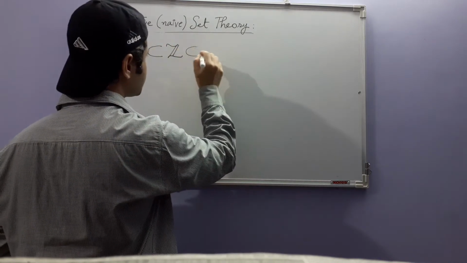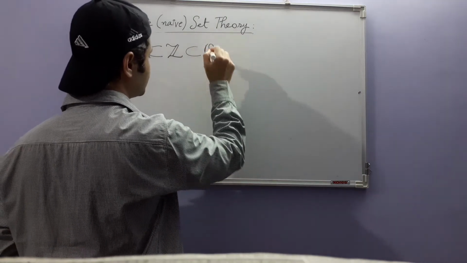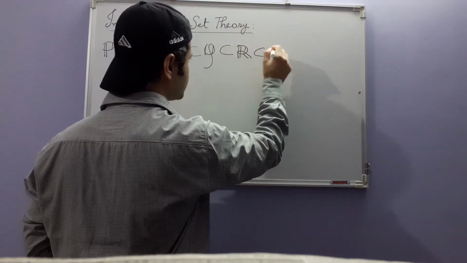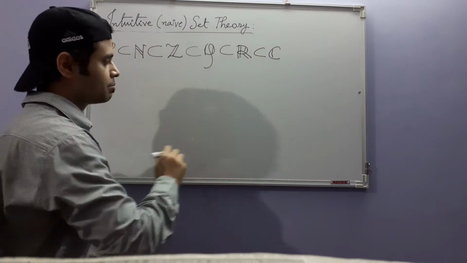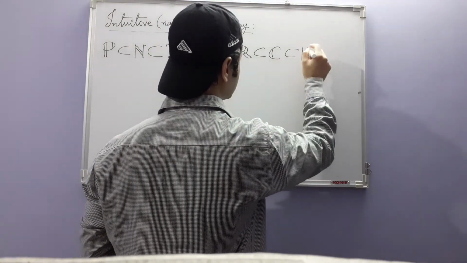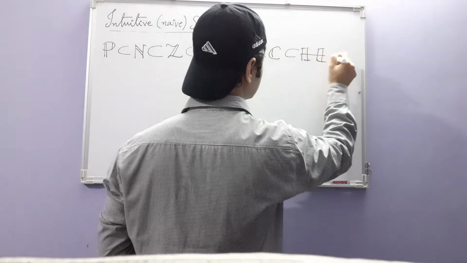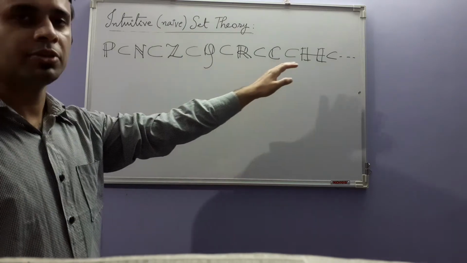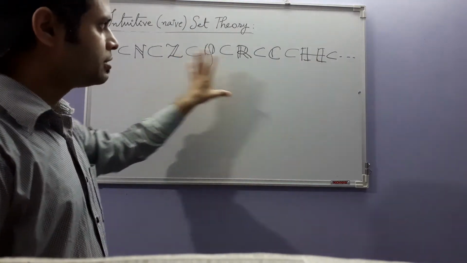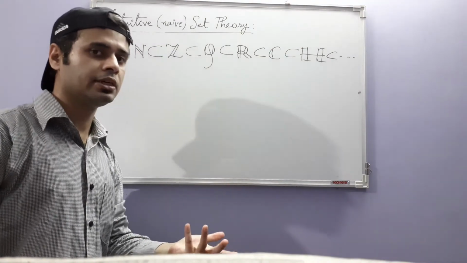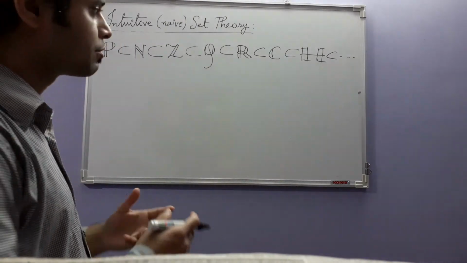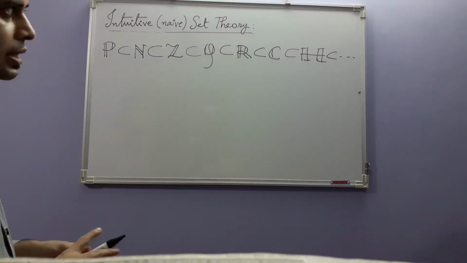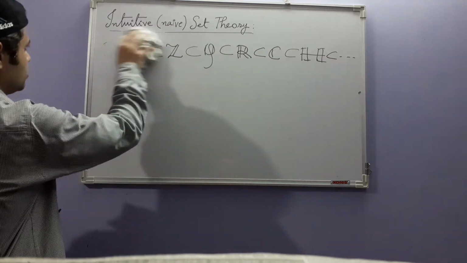This is again a proper subset of the set of all rational numbers, which is a proper subset of the reals, and the set of reals is a proper subset of the set of complex numbers, then quaternions, and it goes on like this. Okay, so this is the relationship between the sets. These relationships can also be represented as schematic diagrams called Venn diagrams. We will discuss them soon.